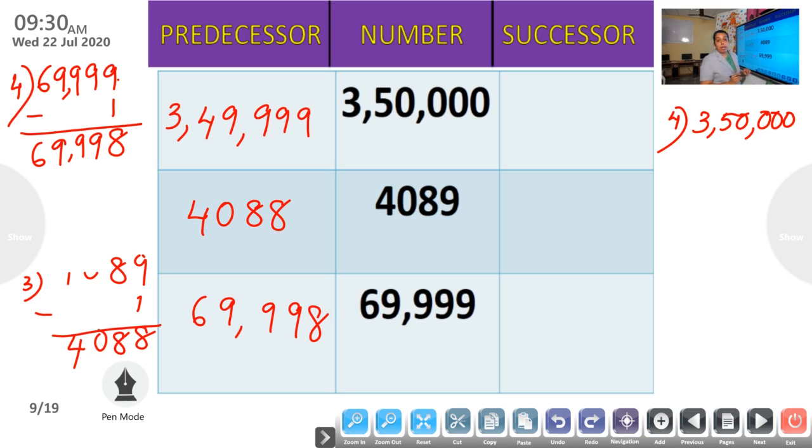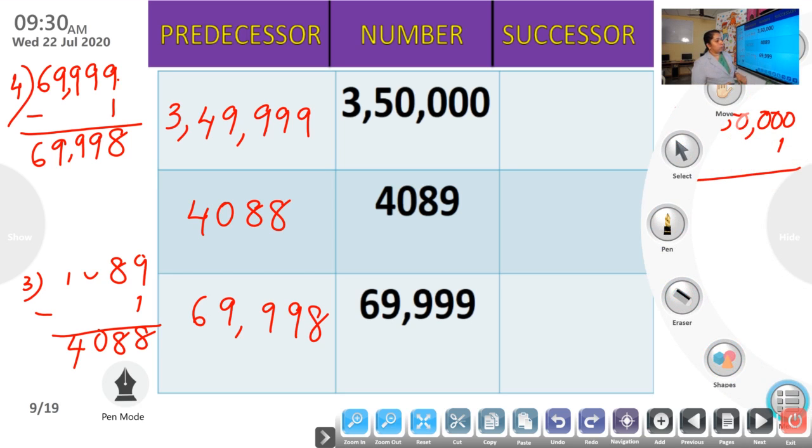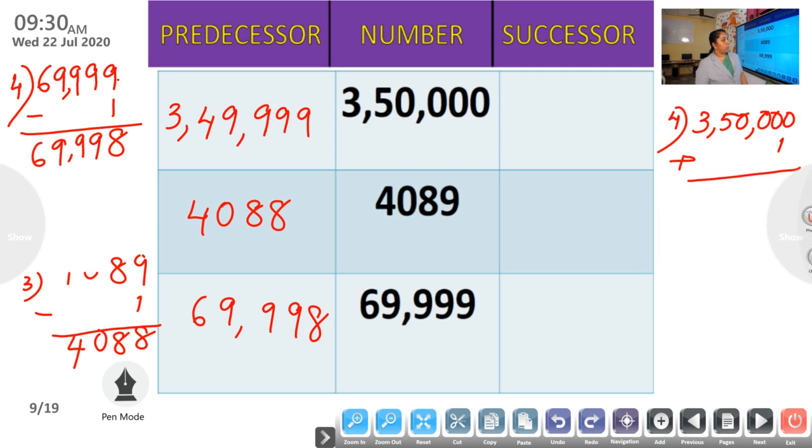Yes. How do you find out successor? You have to add 1 to the given number. How much are you getting? You have to add 1. So 1, 0, 0, then 0, 5, bring down the 3.